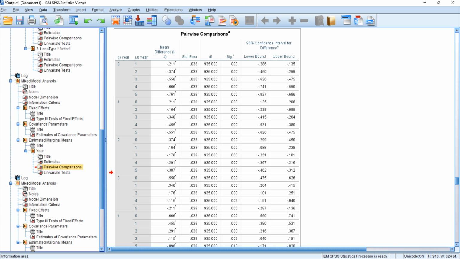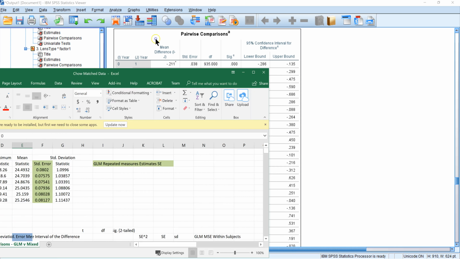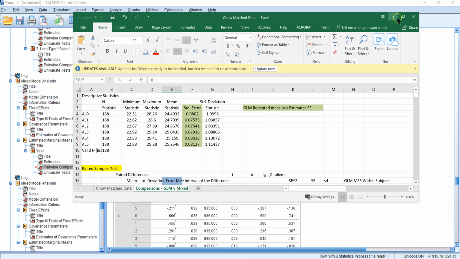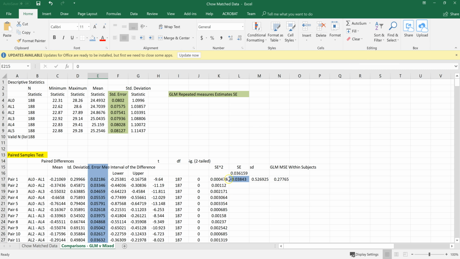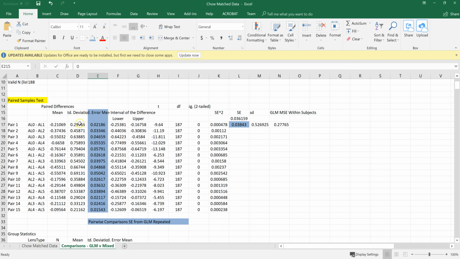Well, if we look at our paired t-tests, these are the standard errors.